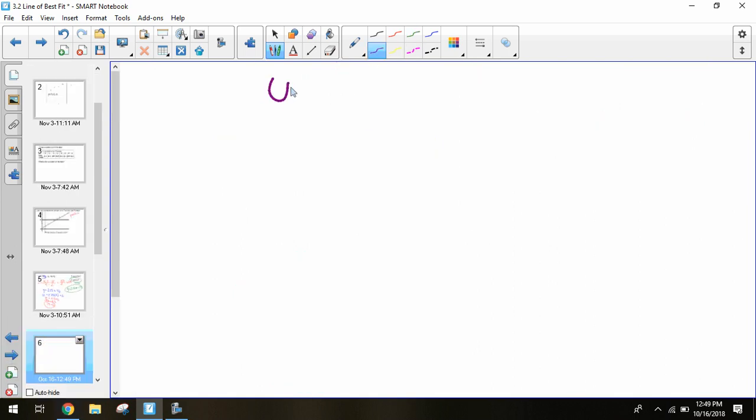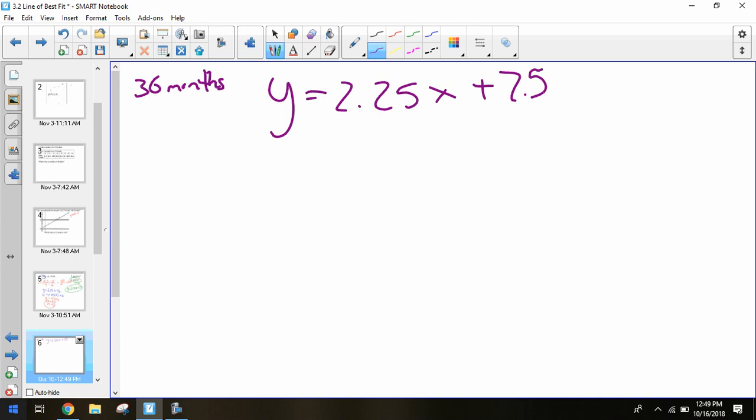So we have y equals 2.25x plus 7.5. We are going to take our 36 months and plug that in for our x, our months, to see what the size of the panda is, the y.